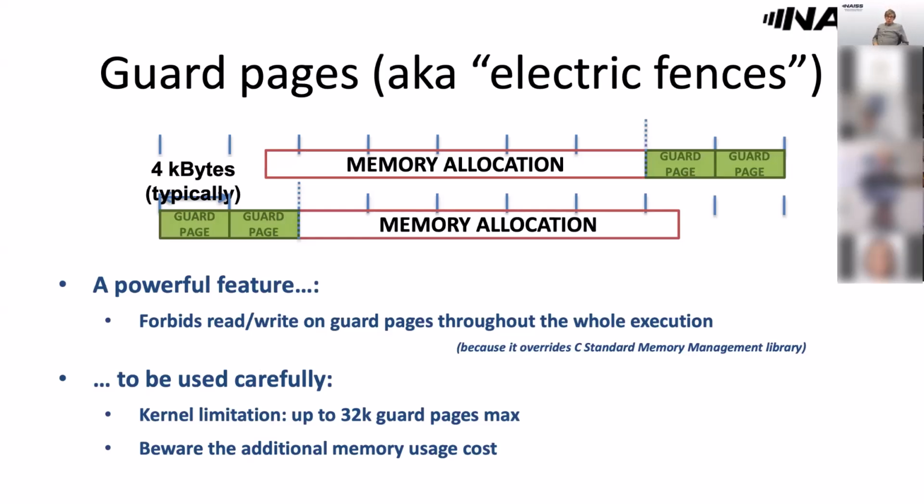What I wanted to show is guard pages or electric fences. It's a very common problem if you have a memory allocation and then you overrun, you write behind the end of an array or beforehand. And to put guard pages, it's in my view a very powerful feature to check.